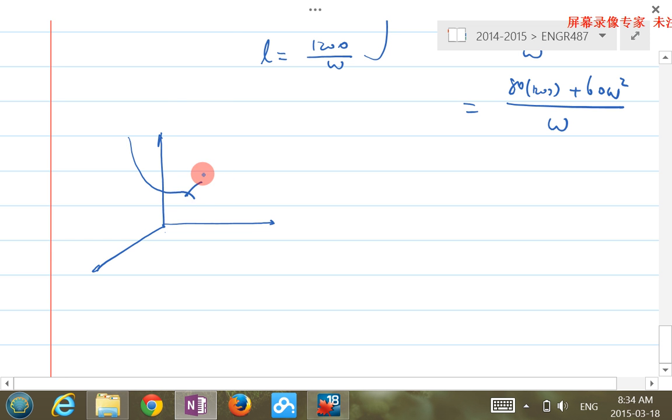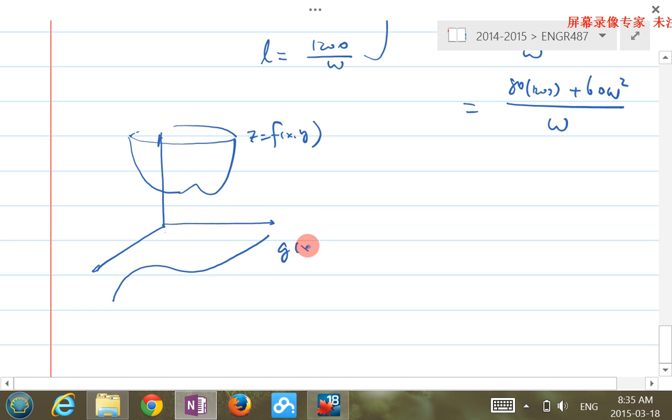Let's say this is my function, z equals f of x, y. And then we also have g of x, y equals c here.